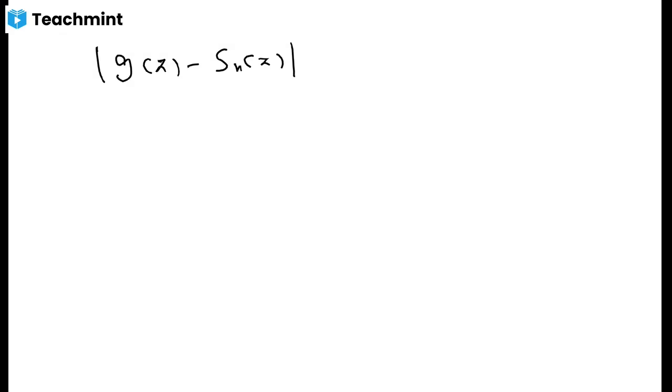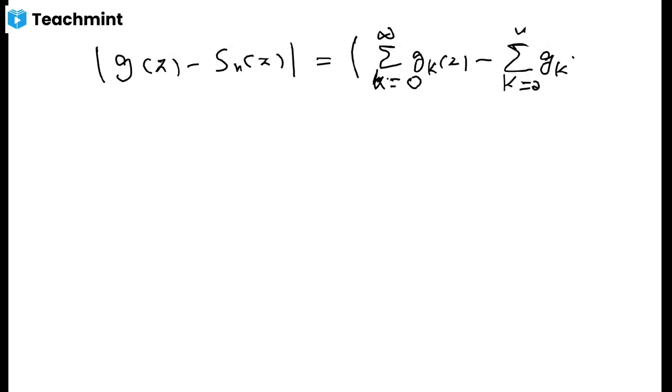Look at this: g(z) minus s_n(z). g(z) is the sum over k from 0 to infinity of g_k(z), and s_n(z) is the sum over k from 0 to n of g_k(z). So the first n terms are cancelled, and you are left with the sum of g_k(z) for k from n+1 to infinity.